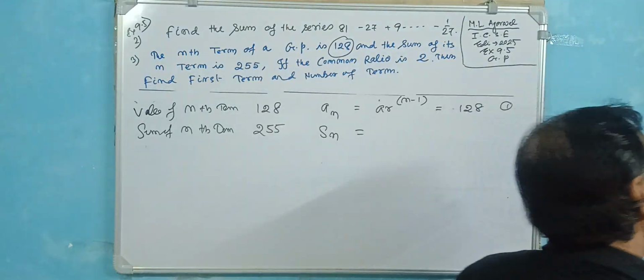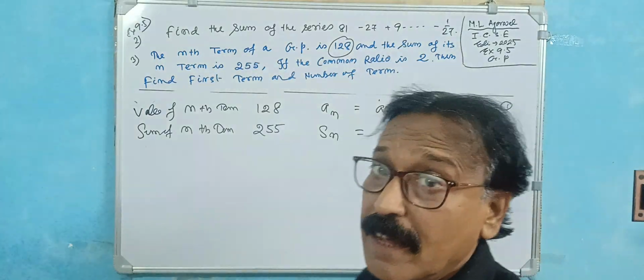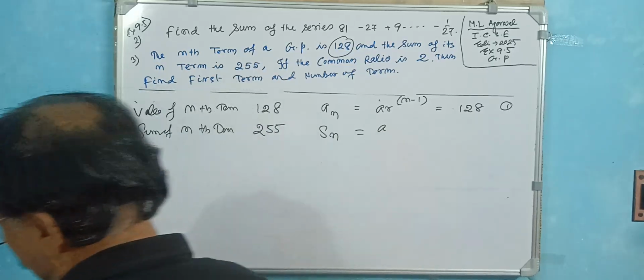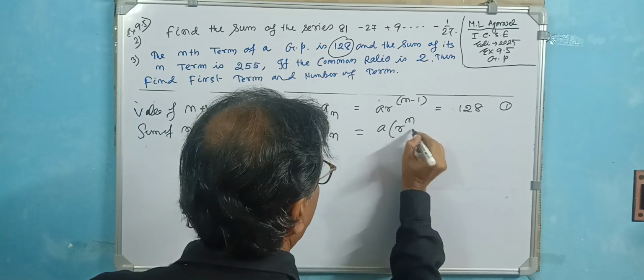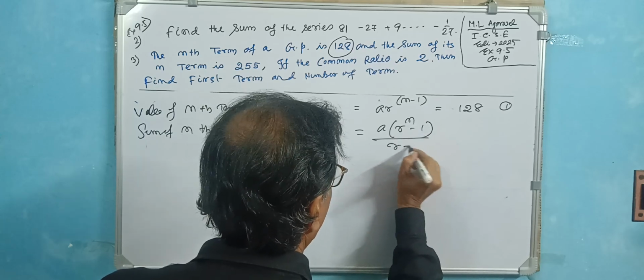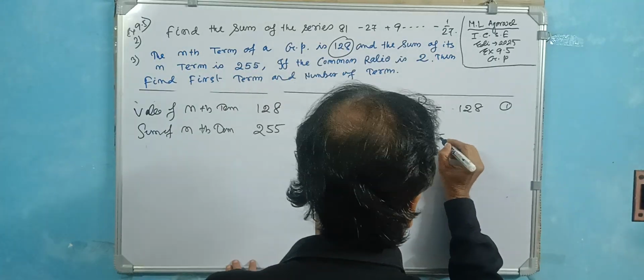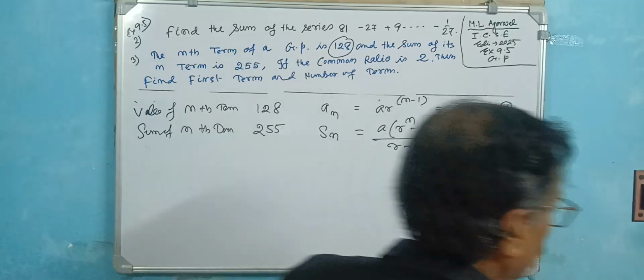Sn means the sum of the total value of the n terms. Sn is equal to a(r^n - 1) by (r - 1). This is 2^n - 1, that is 255. These two formulas are used.